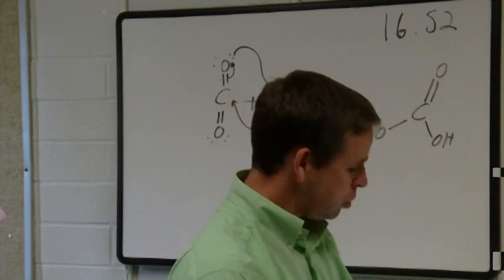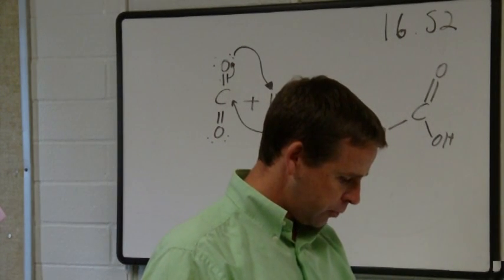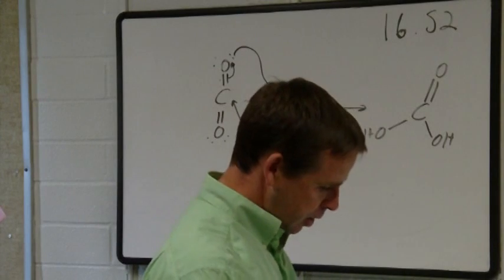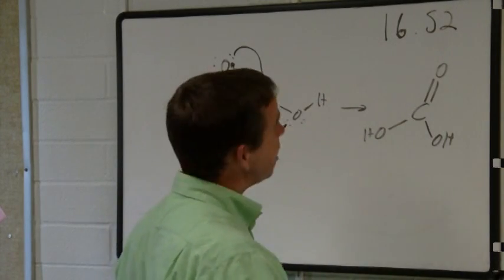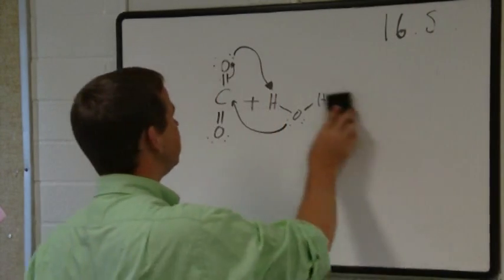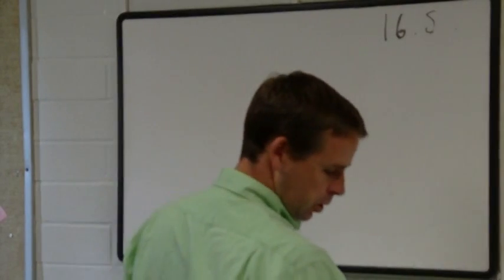1654. Use Lewis structures to show how the following reaction can be viewed as a displacement of one Lewis base by another. The chemical reaction is NH2 minus plus water. Might as well draw these Lewis structures.